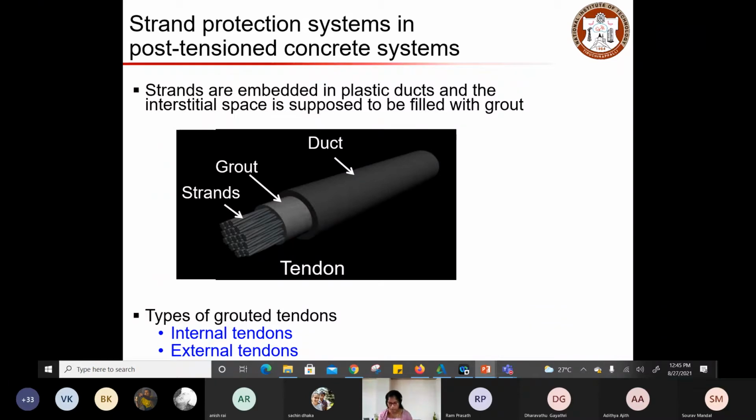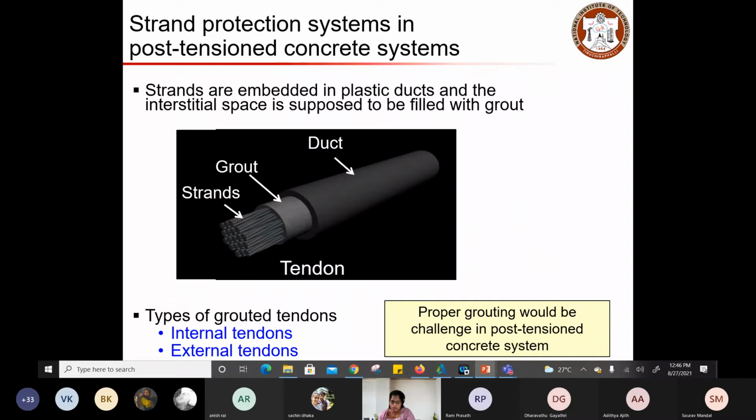This is placed inside the grout, and the spacing between the strand and grout has to be filled properly using grout. But in practice, grouting is generally not done properly, and that will lead to a lot of voids inside the system.